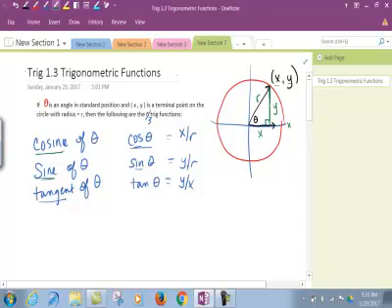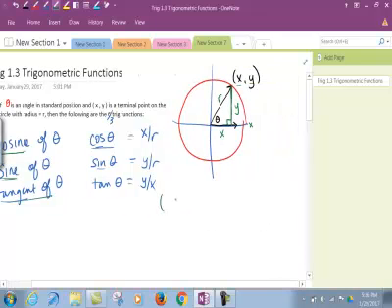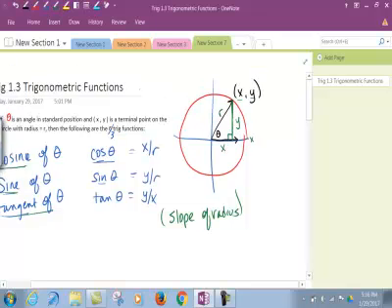Sine of theta is the y value, the vertical distance over the radius, and the tangent of theta, abbreviated tan theta, is the y value over the x value. And something to remember that will help you out later in trig is that the tangent is also the same as the slope of the radius. Okay, because you can see y over x is just a fancy name for rise over run.